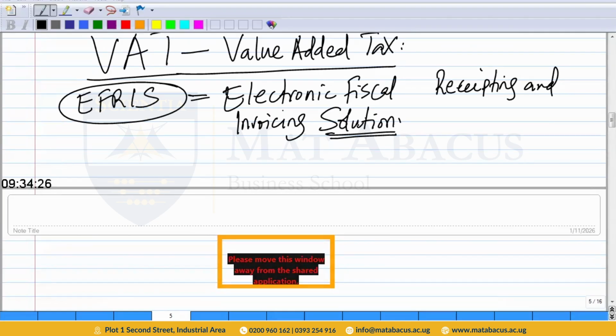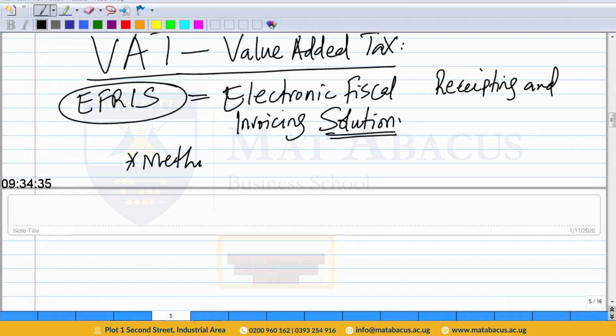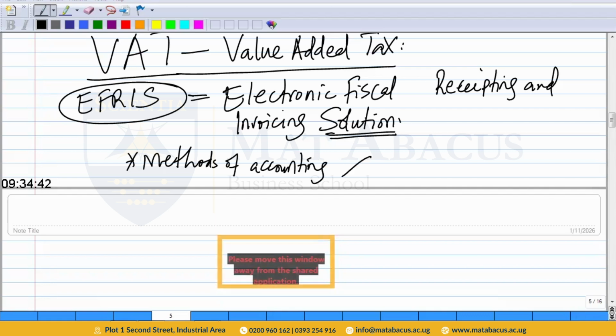It is used in invoicing and receipting. We're also going to look at the methods of accounting, where we shall look at cash-based accounting and accrual basis accounting.